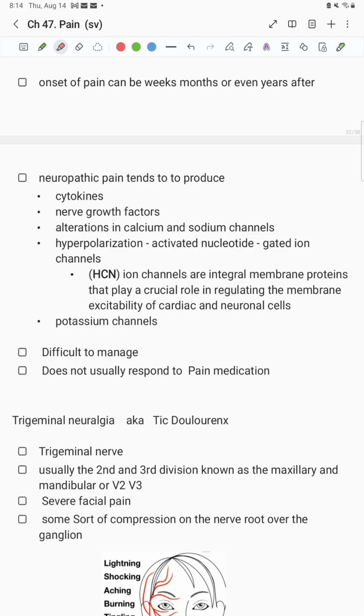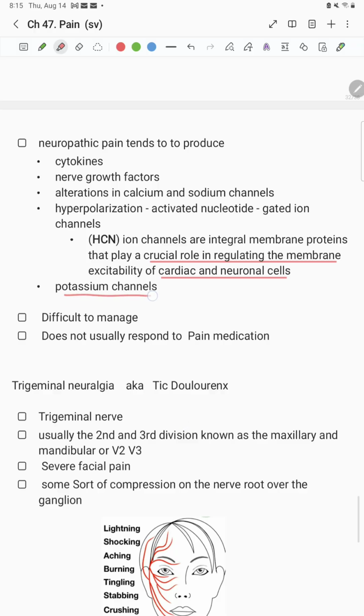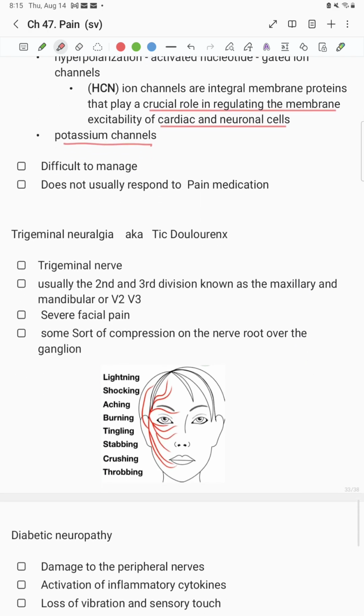Hyperpolarization-activated cyclic nucleotide-gated ion channels, these HCN ion channels, are integral membrane proteins that play a crucial role in regulating the membrane excitability of cardiac and neuronal cells. Also, potassium channels can contribute to neuropathic pain. These are difficult to manage, and this type of pain does not usually respond to pain medication.